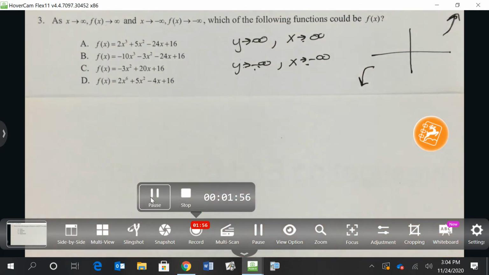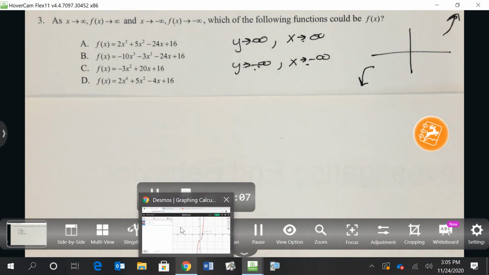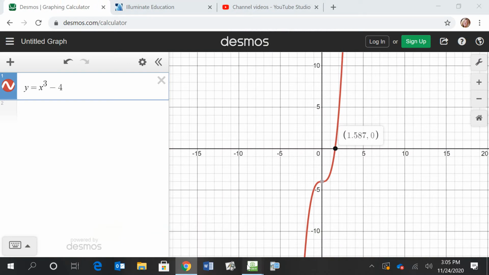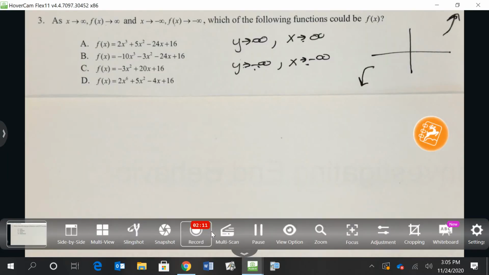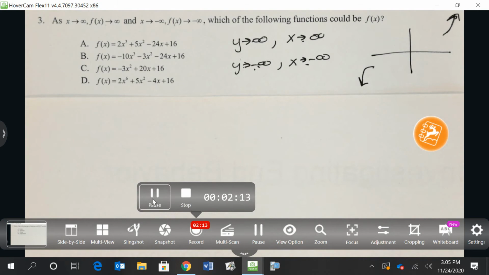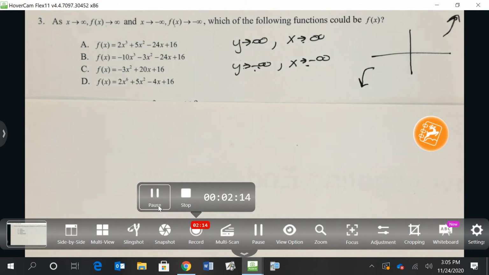So I'm going to go one by one, and I'm simply going to plug this in. You may already remember rules about even and odd functions and the leading coefficients, but if you don't remember those rules, you can simply go one by one. I'm going to start by putting them all in at the same time. It says which of the following functions. They want us to select one that goes up on the right and down on the left.